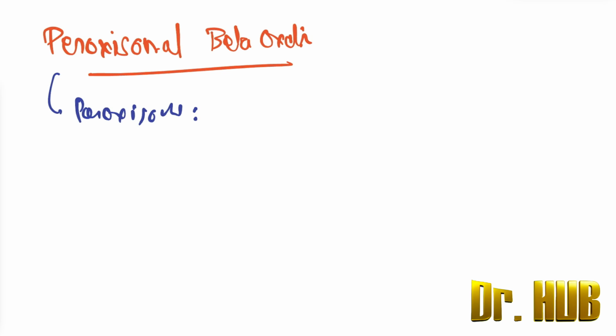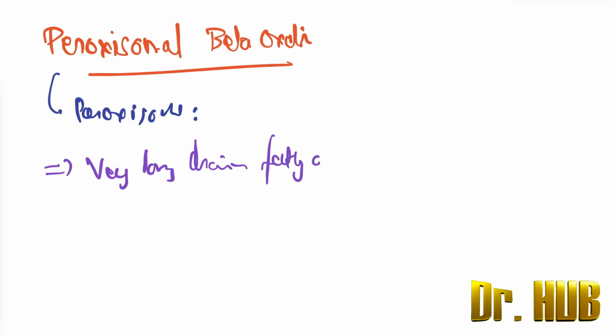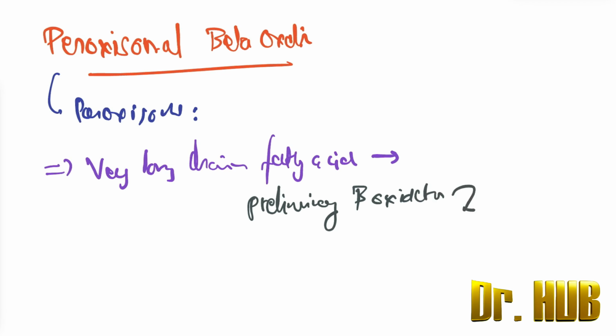Very long chain fatty acids undergo a preliminary beta oxidation, and this takes place in the peroxisomes.